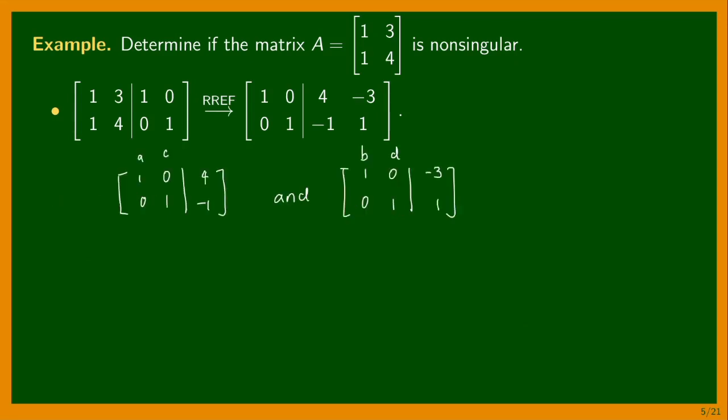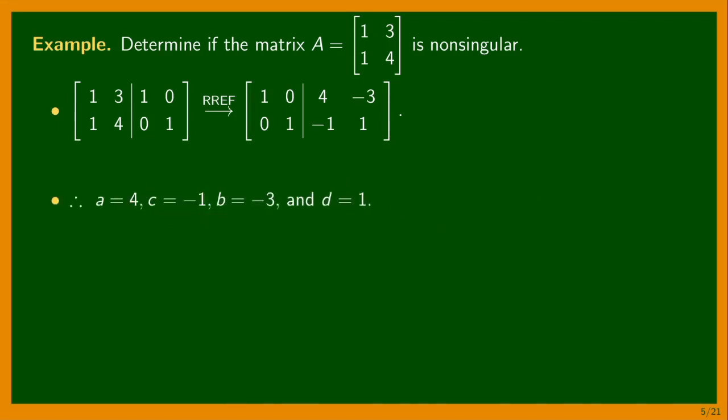When you look at these reduced linear systems, you see that the value of a is 4, and c is negative 1. Also, b is negative 3 and d is 1. So if the equation AB equals I works, then we have the conclusion that little a should be 4, little c should be negative 1, little b should be negative 3, and little d should be 1.